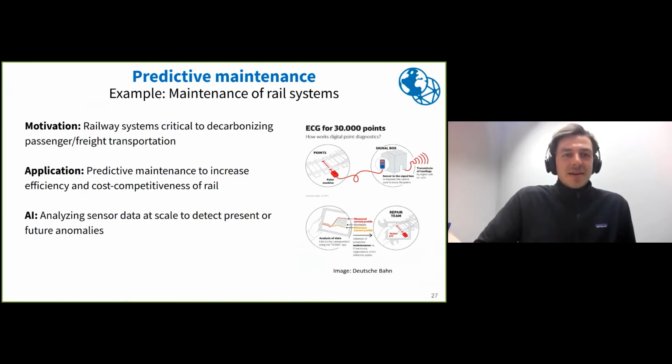So thus making it more efficient and cheaper in the end, the railway and transportation, which is a critical system to decarbonize and replace passenger and freight transport by car, trucks.